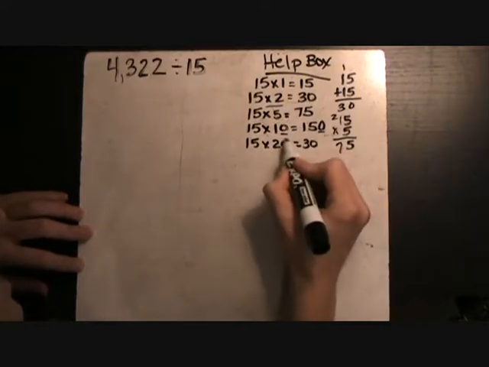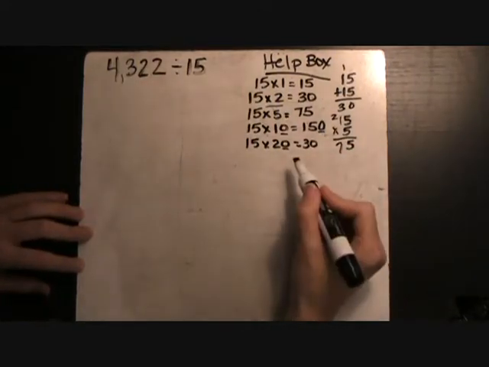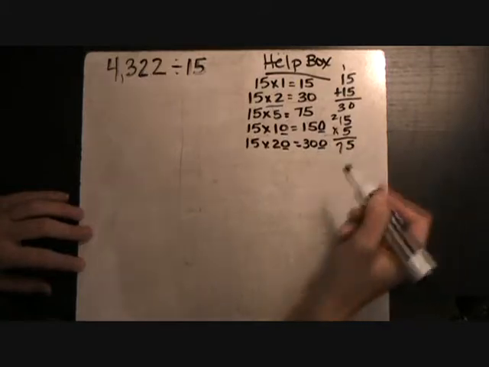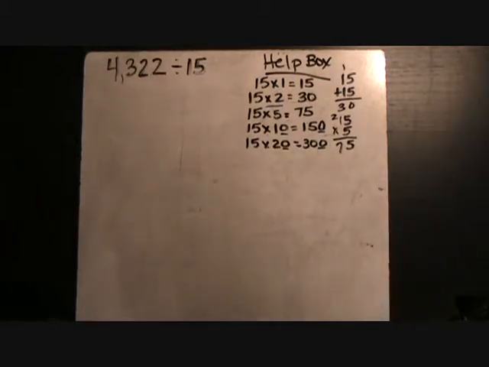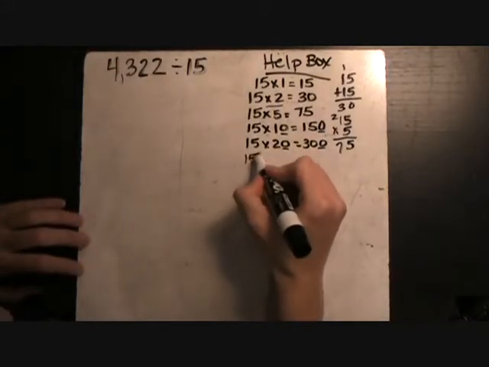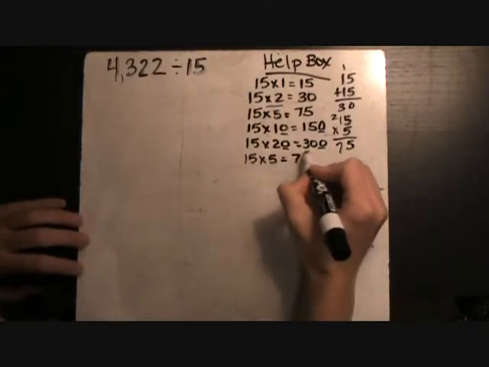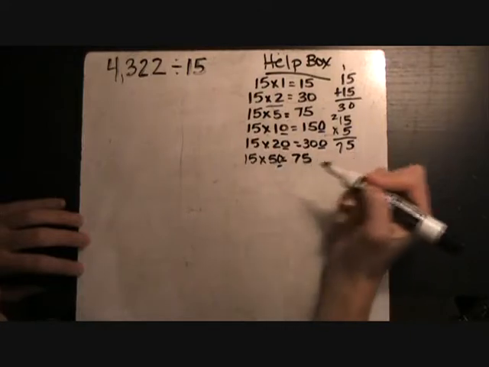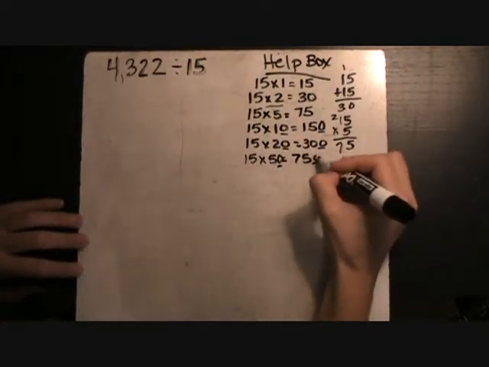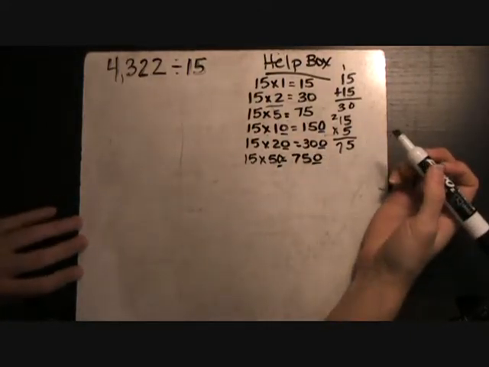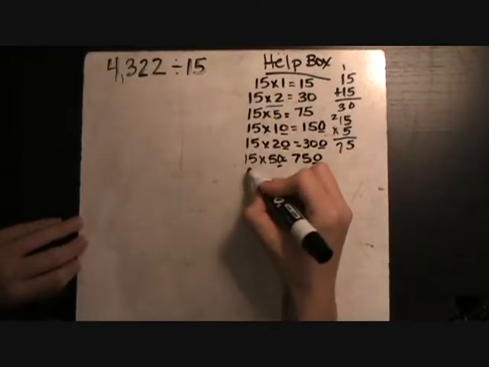So if I add a 0 to the 2, it's now 15 times 20. And then I add a 0 to my answer. So 15 times 20 gives me 300. 15 times 5 was 75. So if I add a 0 to the 5, it now becomes a 50. And adding a 0 to my answer, the answer is 750.